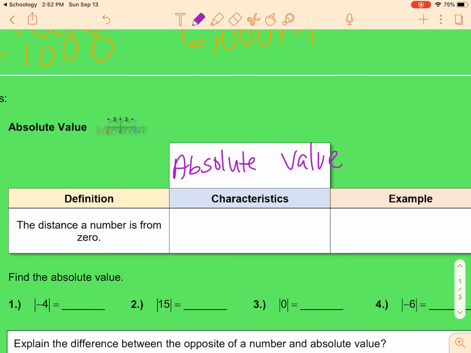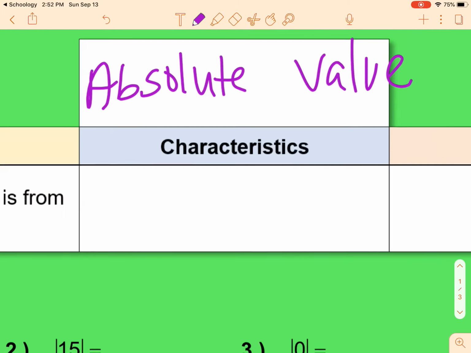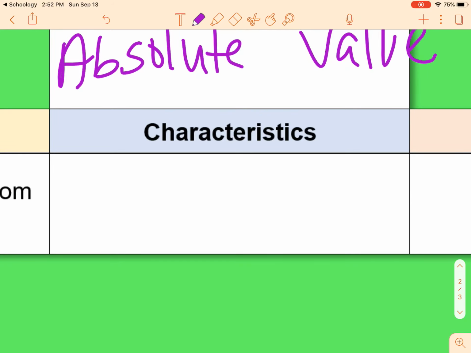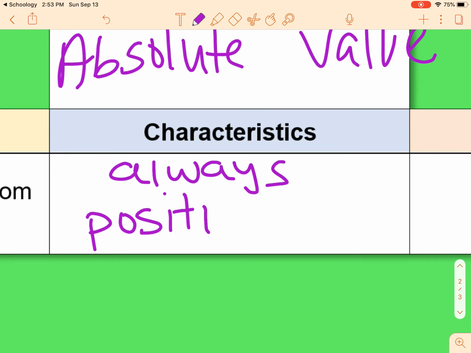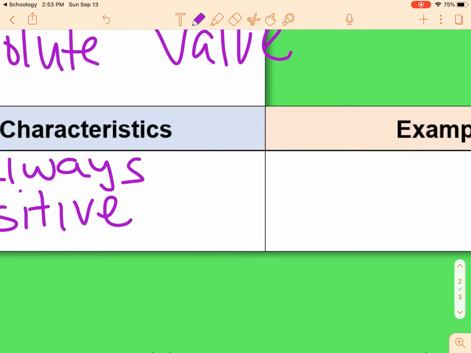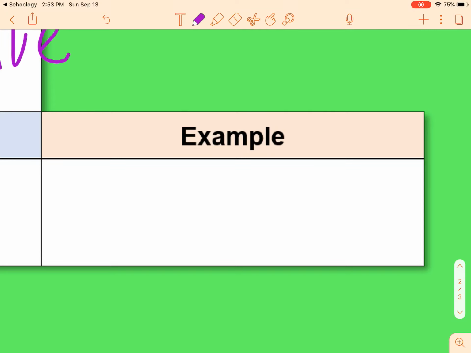So absolute value is the distance a number is from 0. A characteristic that is very important about absolute value is that it is always positive, no matter what. Alright, so some examples. These symbols right here, the 2 lines, are the absolute value symbol.